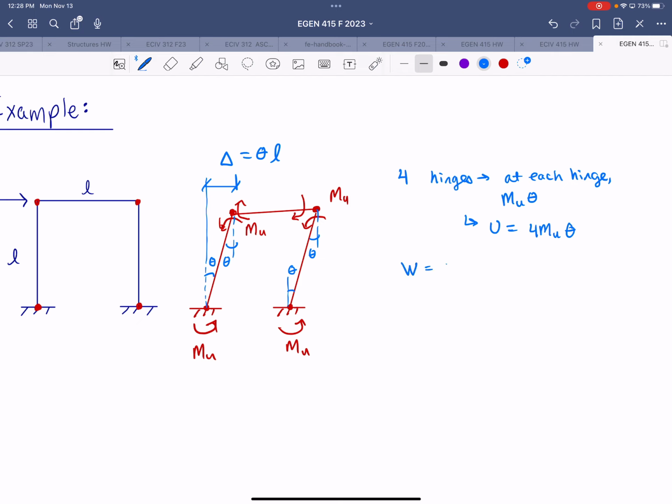External work is P delta, which is P theta L. So setting our internal strain energy equal to external work, we get Pu is equal to 4 mu over L.